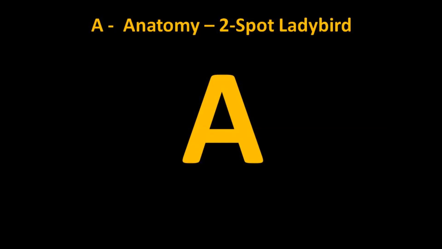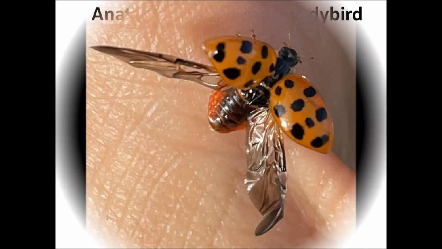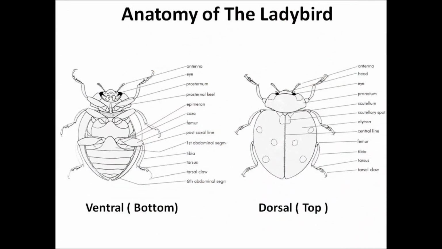In this segment we include a few slides on anatomy and terminology which may be stopped at any point. In these slides we see the open wing case or elytra, which conceal and protect the insect's wings below it. In this slide we see the dorsal and ventral views of the insect and the key anatomical terms associated.